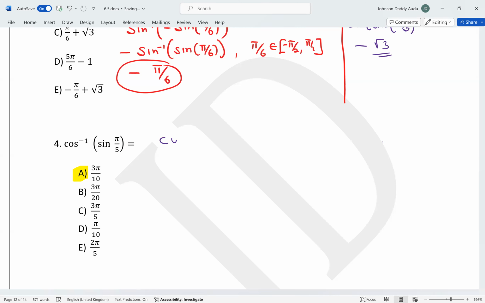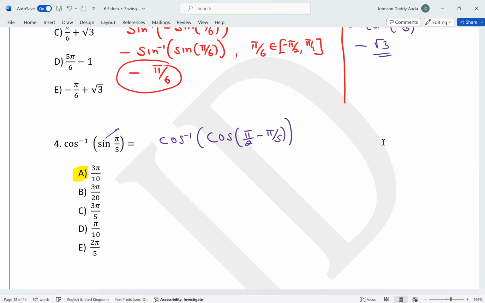So what we can do is some little conversion. We can write this as cosine inverse of, this is pi over 5, we can change sine to cosine using the cofunction identity. So we can write this as cosine of pi by 2, which is 90, minus pi by 5, right?